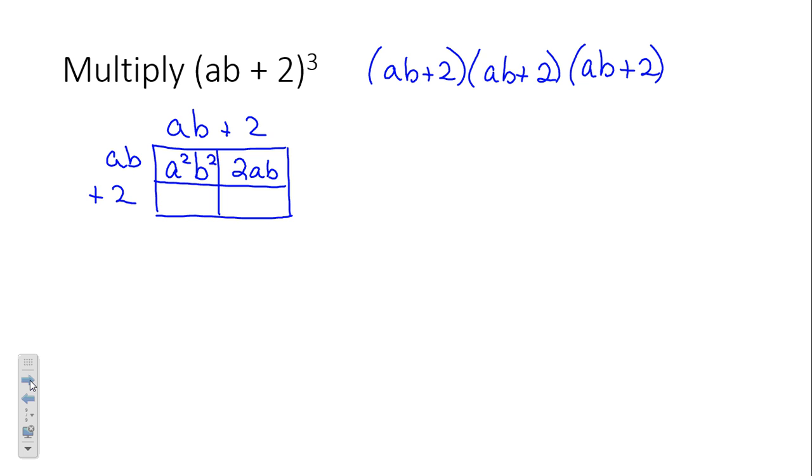It's 2AB. So 2 times the 1 in front of AB gets us 2, and then AB. And then again, 2 times AB, 2AB again, and 2 times 2, 4. So our net result was A squared B squared, 2AB plus 2AB, 4AB. We're just combining like terms, and then a 4.